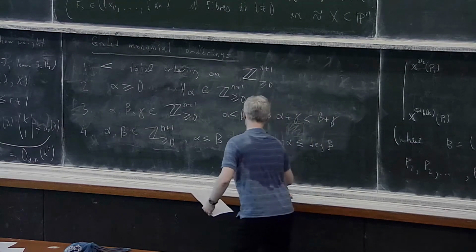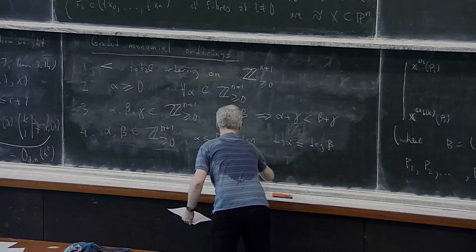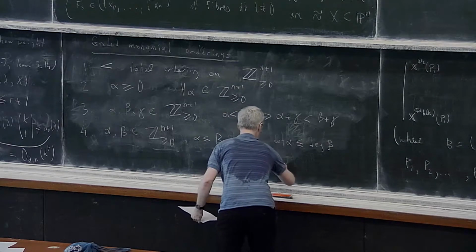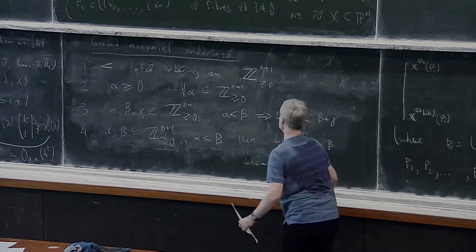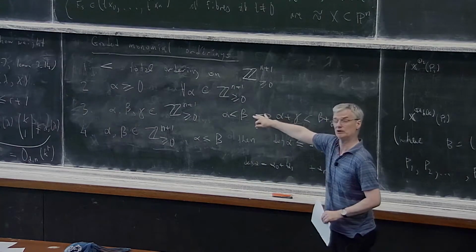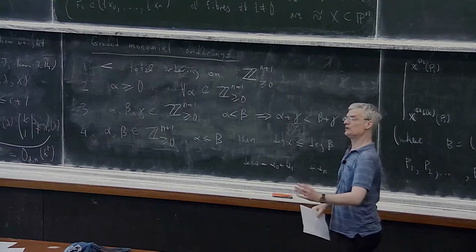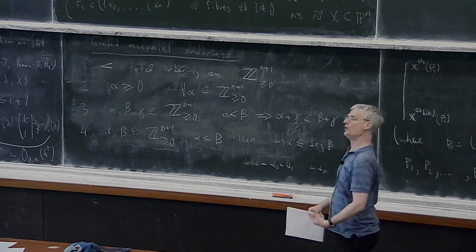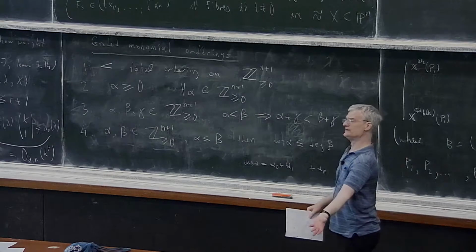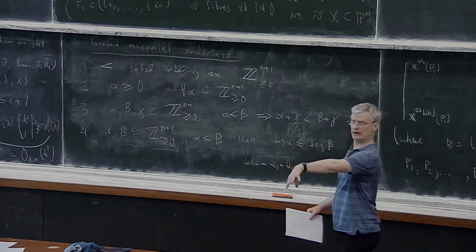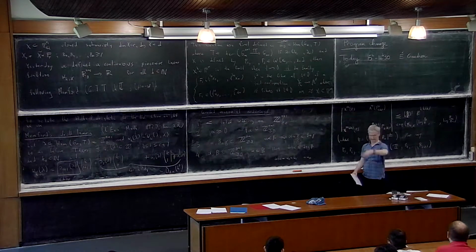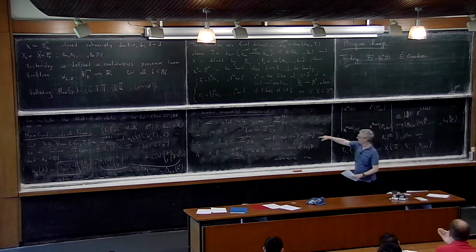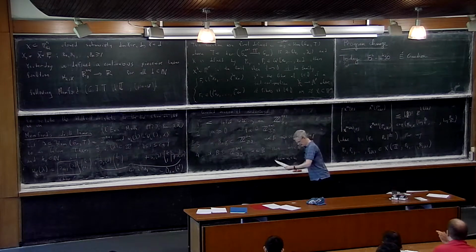What do I mean by degree? The degree of alpha is alpha 0 plus alpha 1 and so on, corresponding to the degree of the monomial. You should view them as exponents of monomials, so I get an ordering of monomials, the smallest ones in degree 0, and then an order among those of degree 1. One example is the lexicographical ordering, as in the phone catalog. But I don't want to give examples, I just state this.